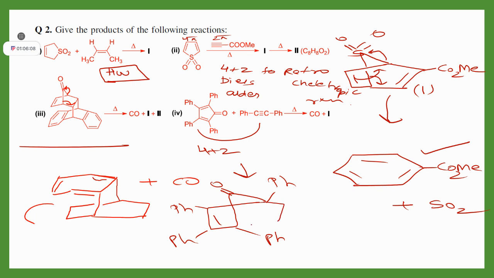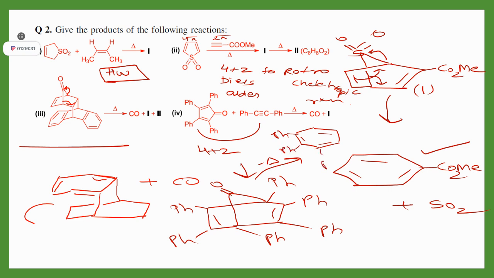and apart from this CO, all the carbons are attached to phenyl units. And on doing the 4 plus 2 reaction, again with removal of CO, you are going to get your benzene ring having all the phenyl groups attached to it.